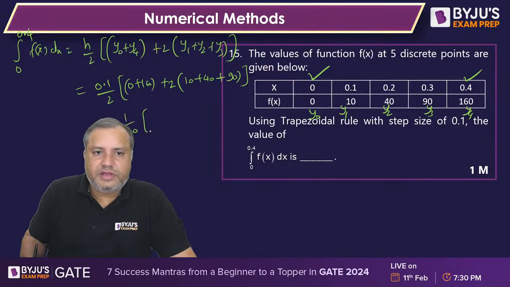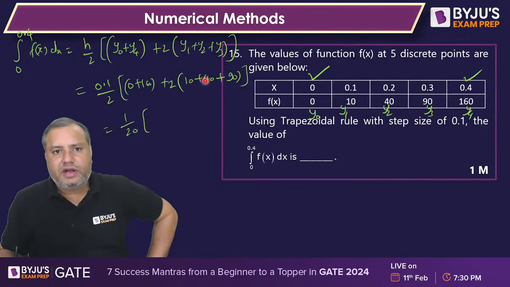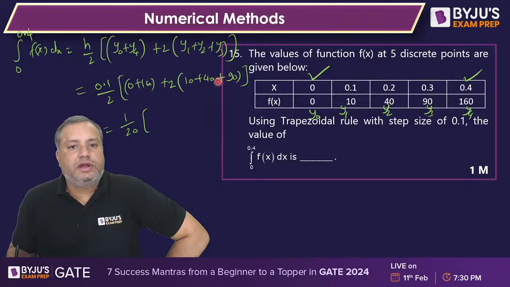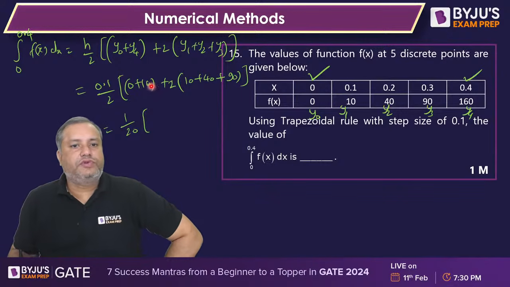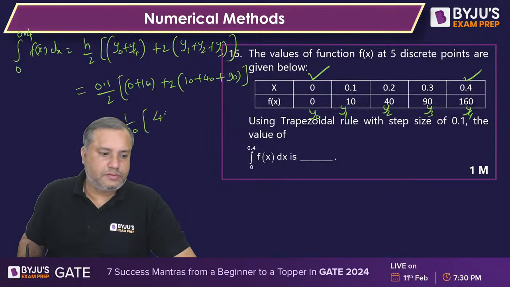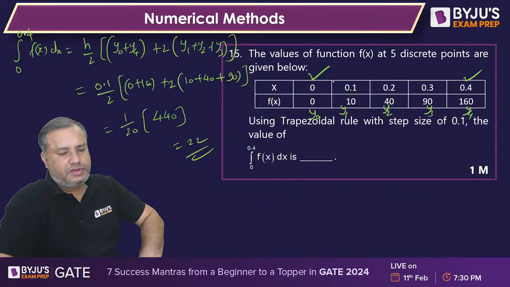What is the calculation here? 100, 140, 140 into 2, 280, 340, 440 by 20. Correct. So this is the trapezoidal rule.